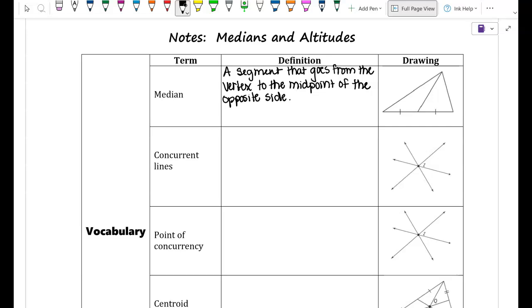Now, just because our diagram to the right, under where it says drawing, is only showing one median, a triangle has three medians, one from each vertex.